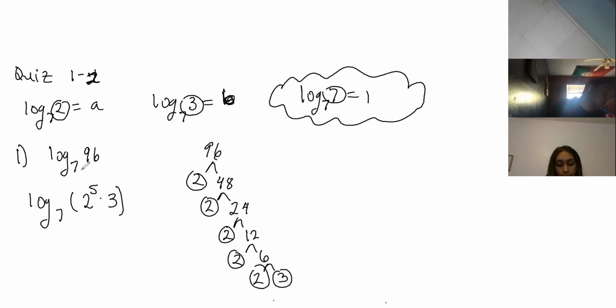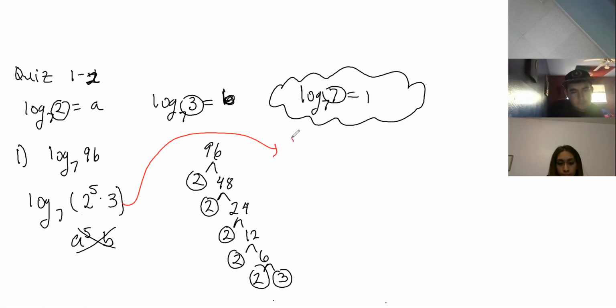Kids will plug in, oh, that's a to the 5th and that's b, so they write their answer like this, a to the 5th times b. That is incorrect. You do have to use your log laws and break it up. So it's multiplication. What would I break it up with? Addition or subtraction?